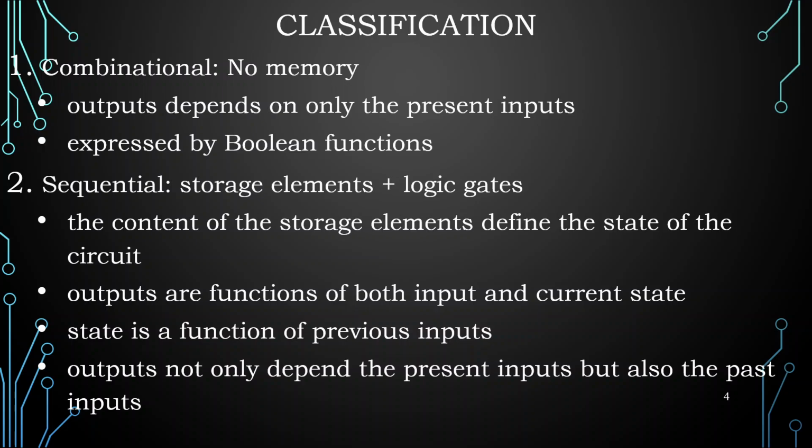The storage content defines the state of the circuit. Wherever there is a memory, there exists a state. The outputs are functions of both the inputs and the current state of the circuit. State is a function of previous inputs, of course. In sequential circuits, output not only depends on present inputs but also on past inputs. This is about the classification of digital logic circuits.